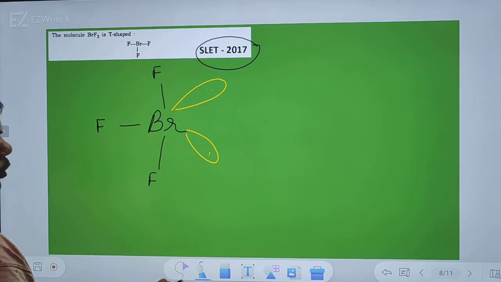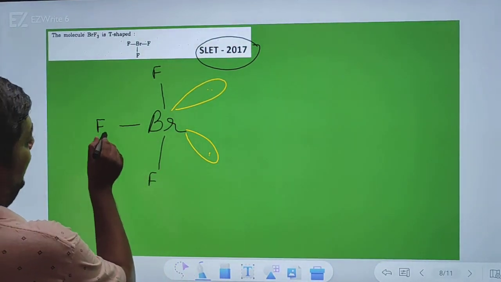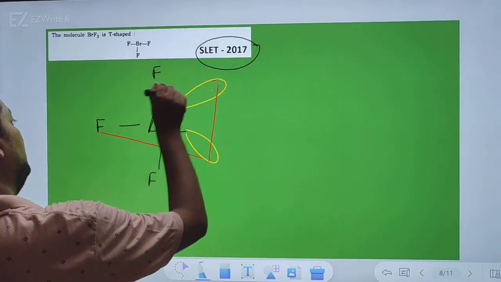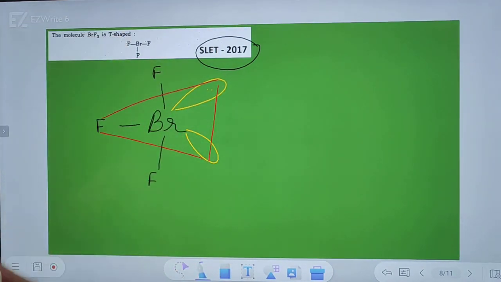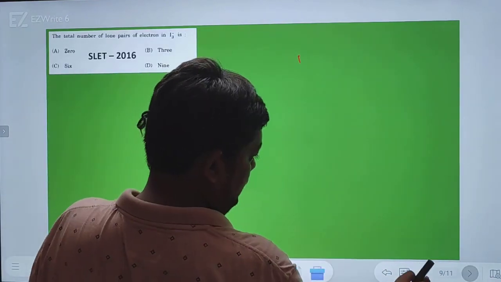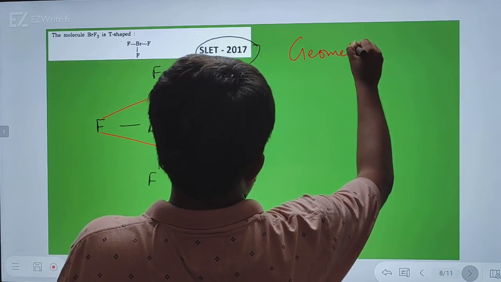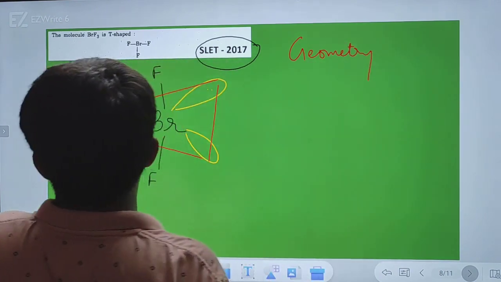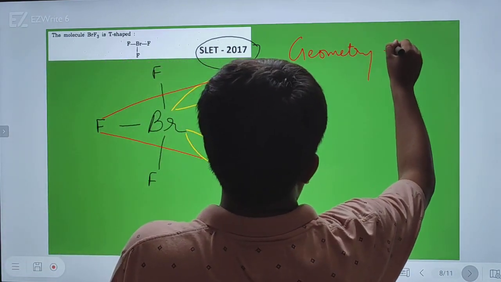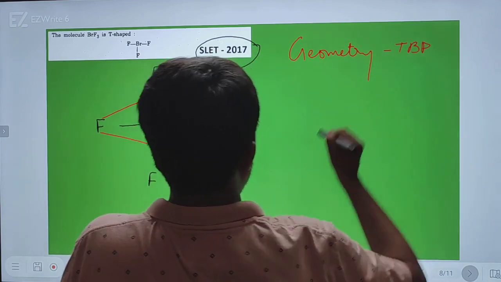If you look into the structure very carefully, you will get an idea that it's a trigonal bipyramidal geometry. So if someone asks a question related to geometry, I'll always say it to be trigonal bipyramidal.